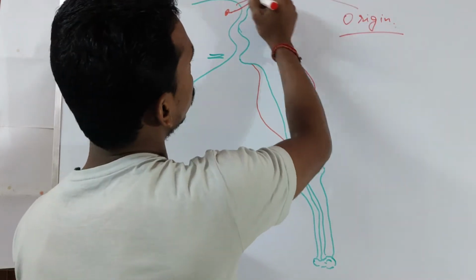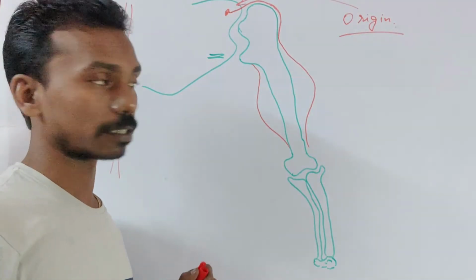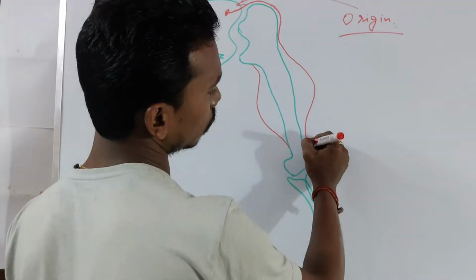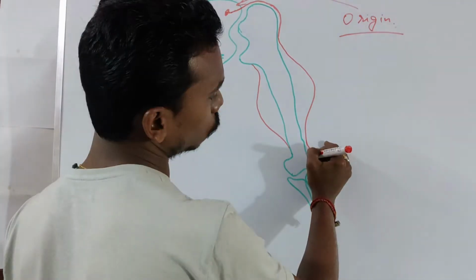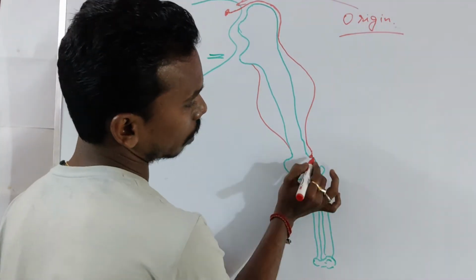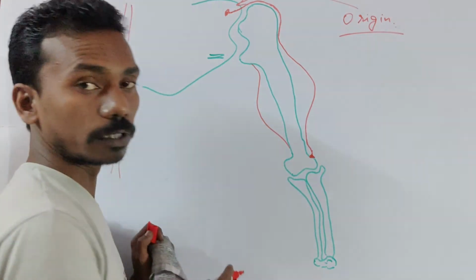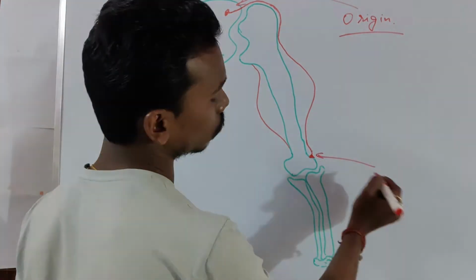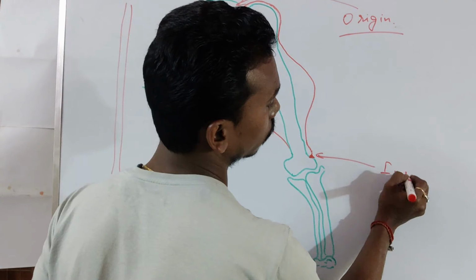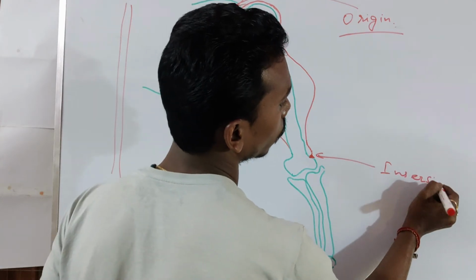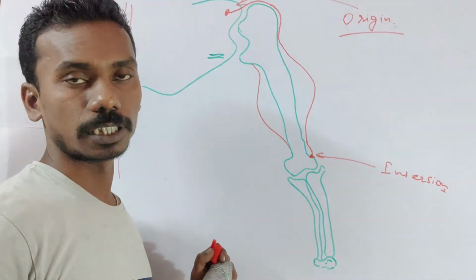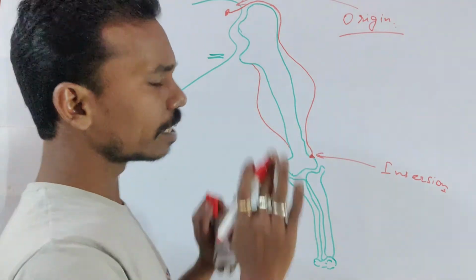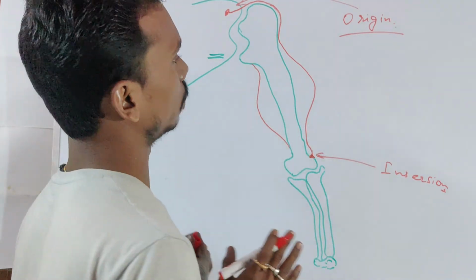And when the muscle's other end attaches to another bone, then this point is called the insertion. These two things are present here.